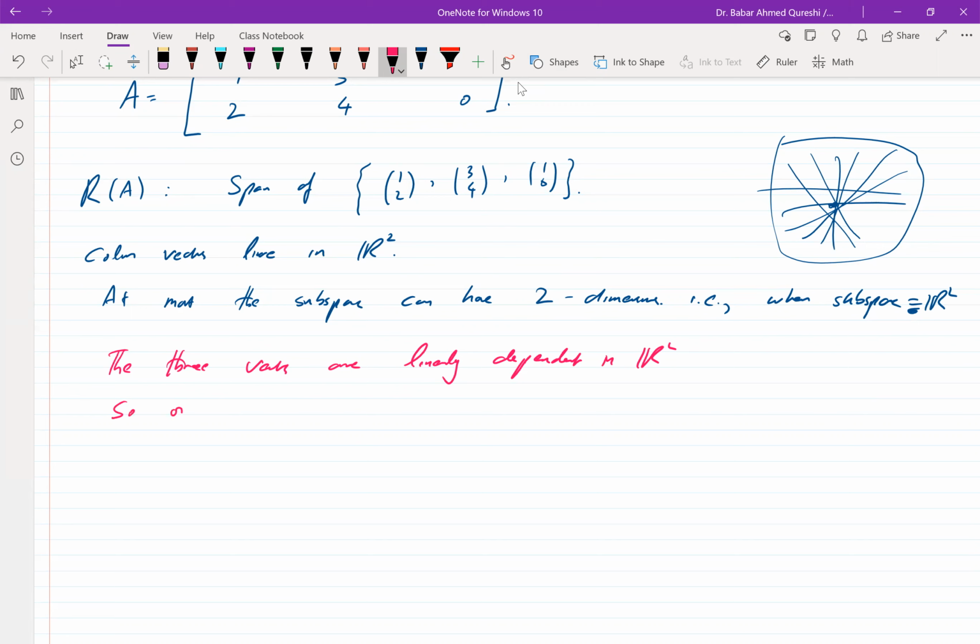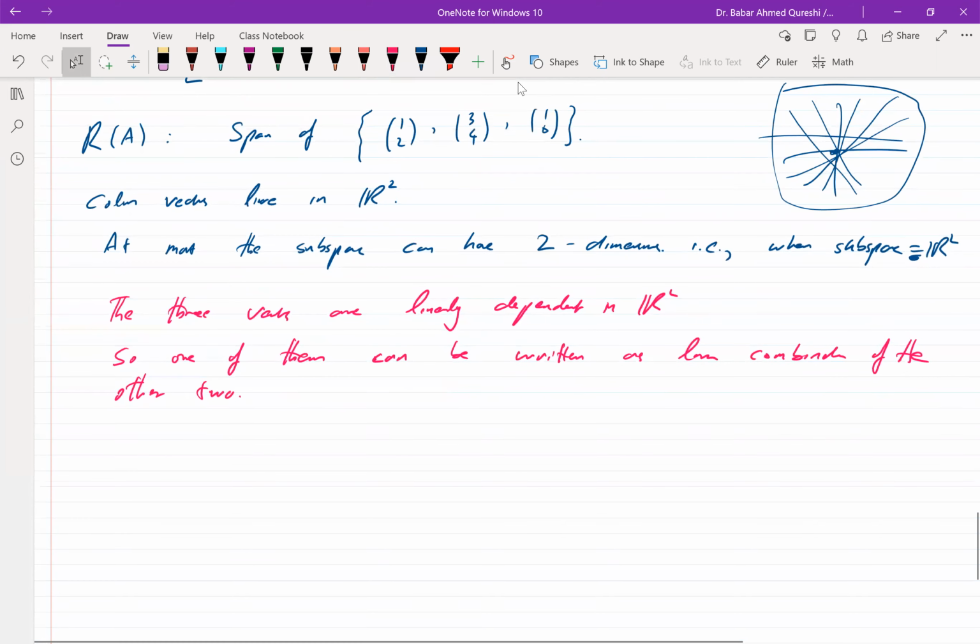So one of them can be written as a linear combination of the other two. And we can then eliminate it from the spanning set, and the span will still give us the same space as the span of these three.